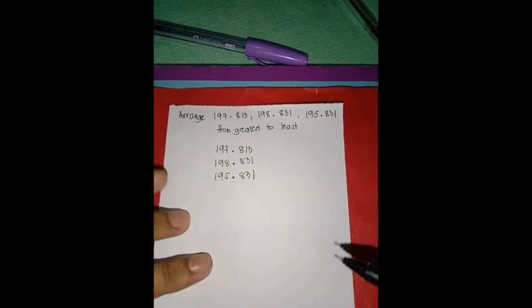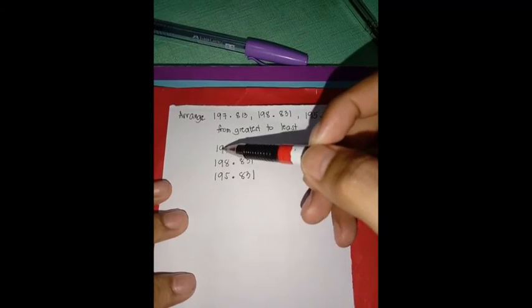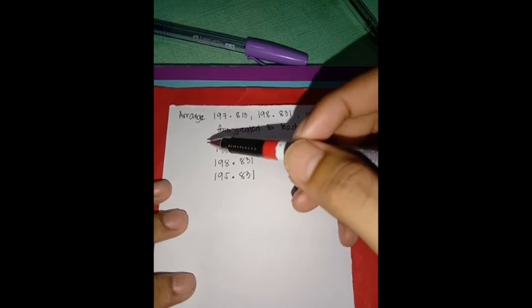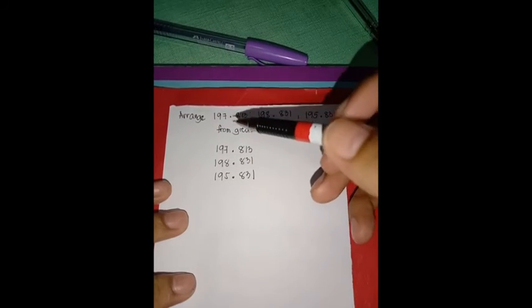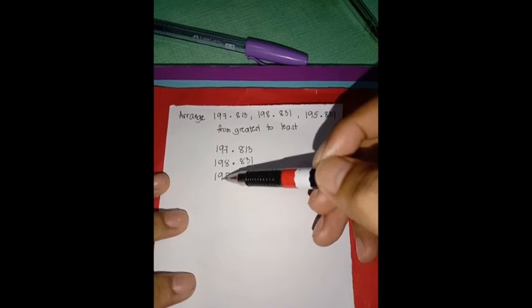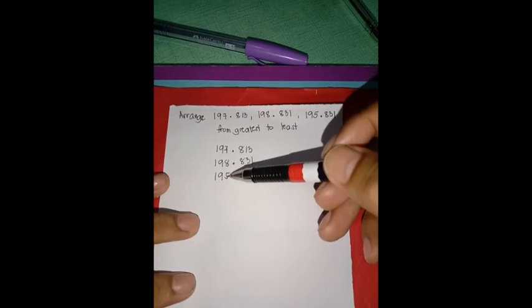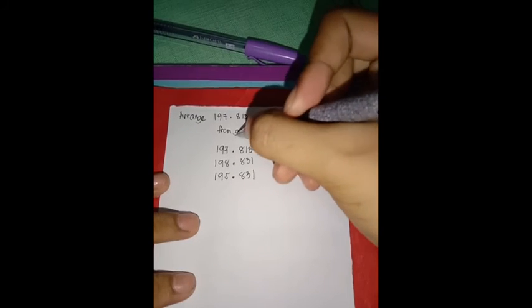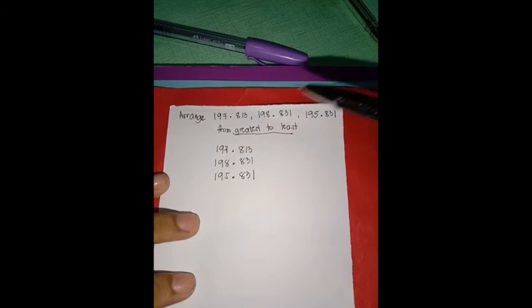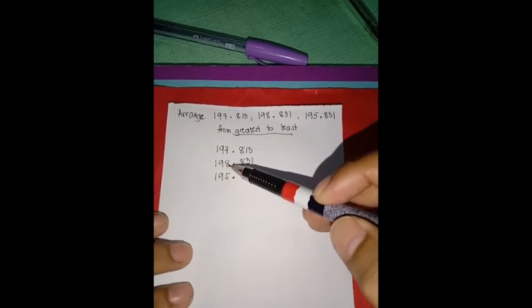831 thousandths. Okay, so first we look at the left side of the numbers. Since the 19 is the same in all, we focus here. Since it is greatest to least, we look at the biggest digit here, which is the number 8.